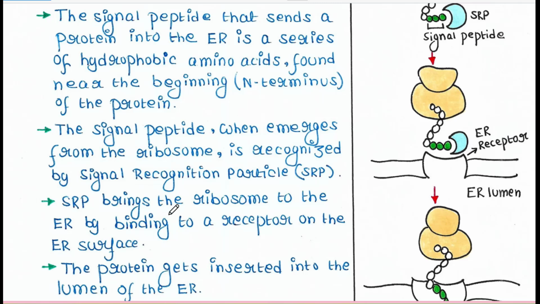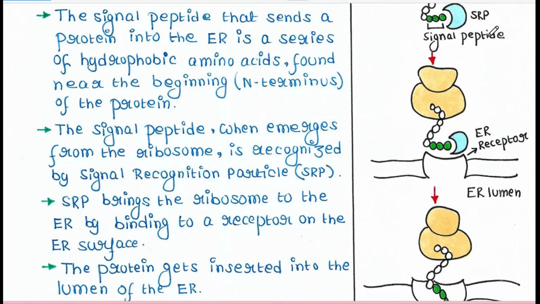SRP brings the ribosome to the ER by binding to a receptor on the ER surface. So this is our ER. Here is the ER lumen, this is the ER membrane, and here is the ER receptor.